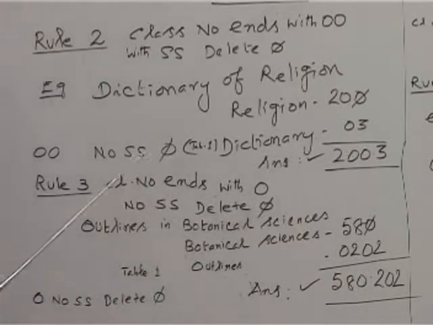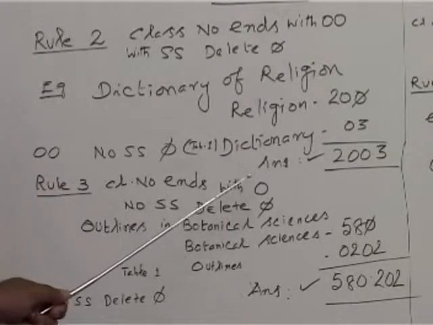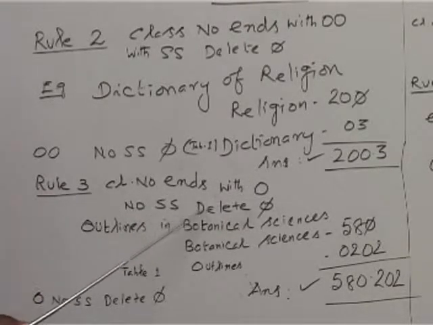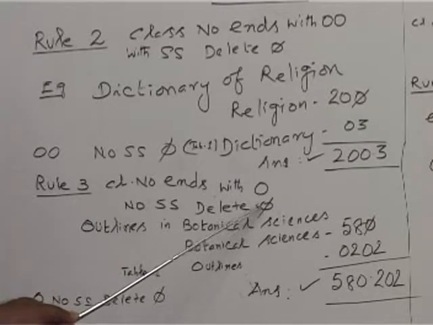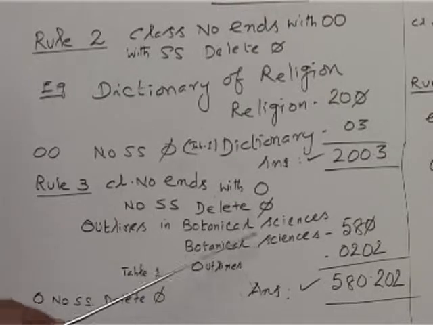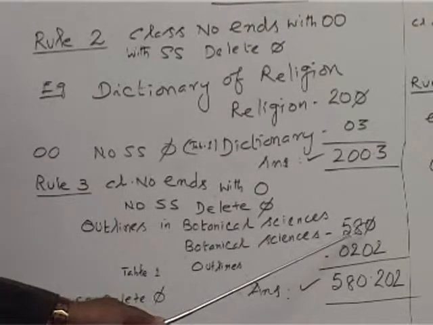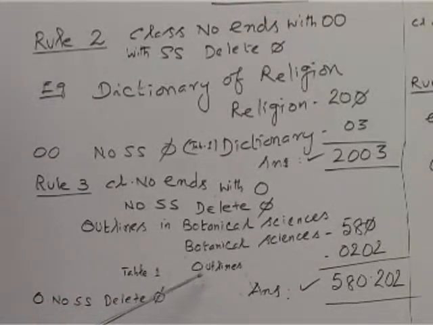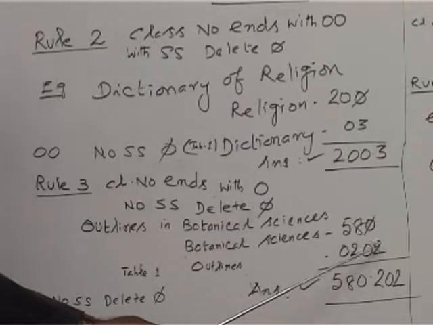Let us go for rule number 3. Class number ends with 10, no SS instruction, and in this case you have to delete 10. Example, outlines in botanical sciences. The botanical sciences number should be 580 in the schedule. Then the outlines number in table 1 is 0202.